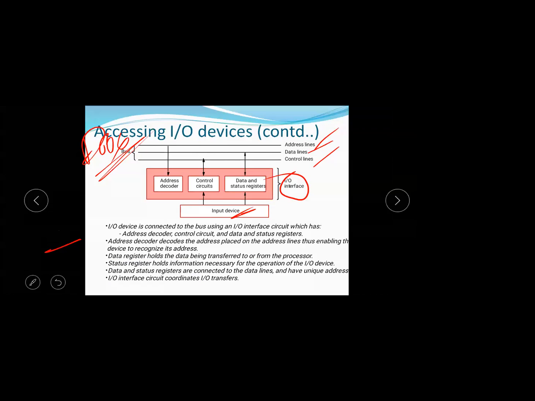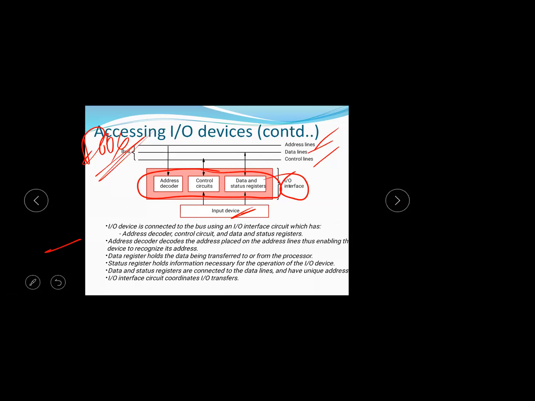Sometimes the interface circuit is separate from the IO device, or sometimes it is inbuilt within the device. Nowadays, most interface circuits are inbuilt within the device, and some devices have the interface circuits outside the device.